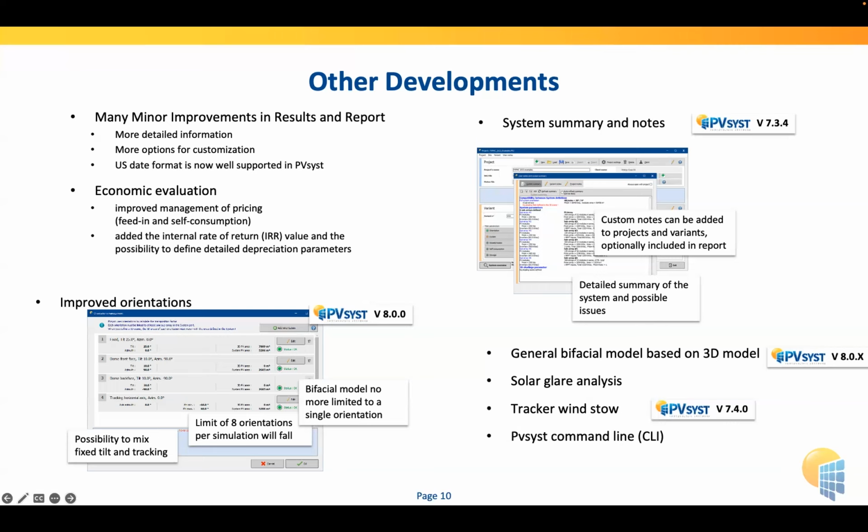And then there are minor improvements, like we will include a solar glare analysis because some users are asking for it. We have implemented a tracker wind stow position, and we are working on the PVsyst command line, which will allow you to operate PVsyst in an automated way from batch scripts, so you don't need to use the user interface to run the PVsyst simulations. We have prototypes for that, but no real timeline for when this will be published.